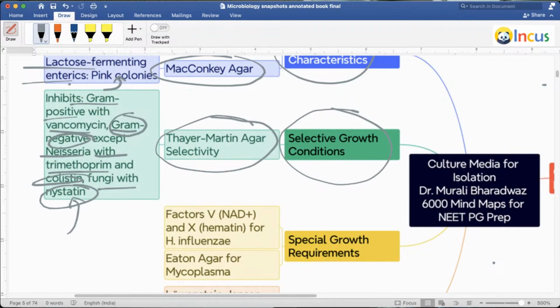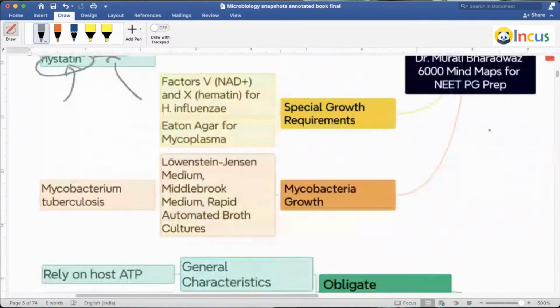So all gram-positive because of vancomycin don't grow on Thayer-Martin. All the gram-negative organisms don't grow because of the trimethoprim and colistin, whereas the fungi will not grow because of the nystatin in the Thayer-Martin. Only Neisseria will grow. That is the reason it is called selective medium, right, doc?